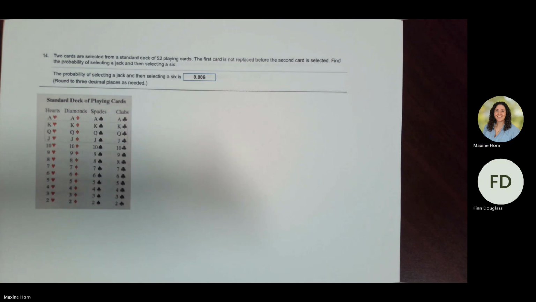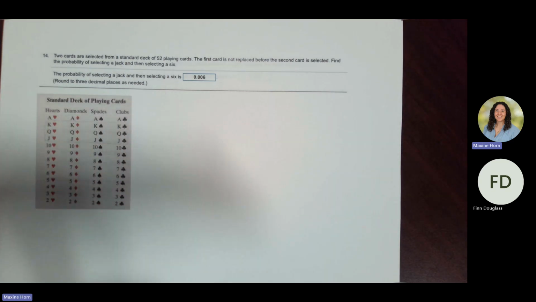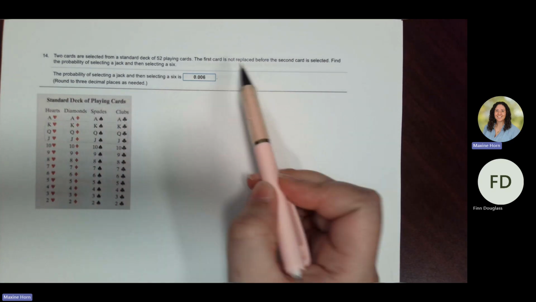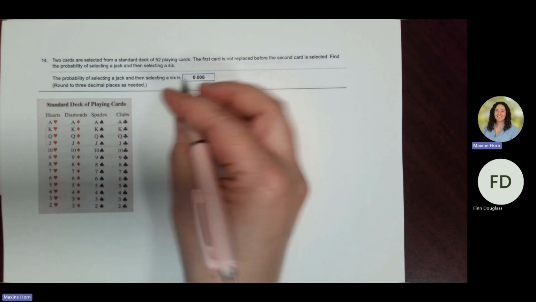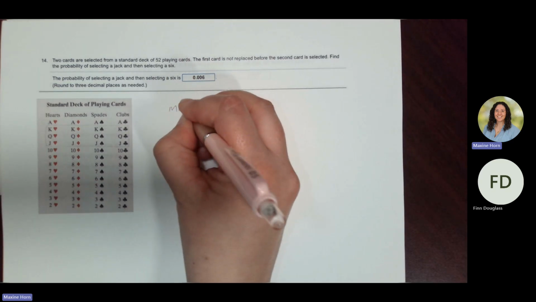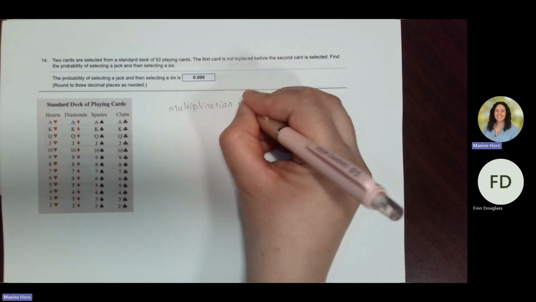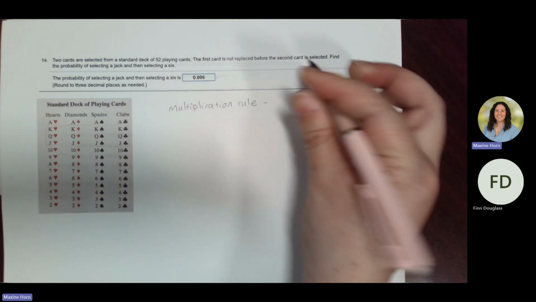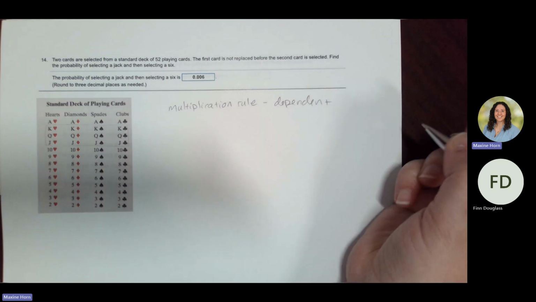They are asking for the probability of selecting a jack and then selecting a 6 if you're not replacing it. So what we're going to do here is use the multiplication rule. These events are dependent, okay?